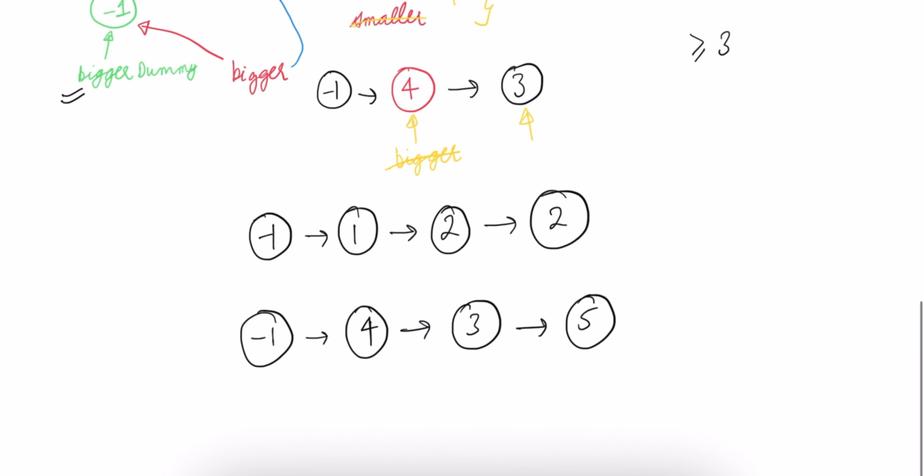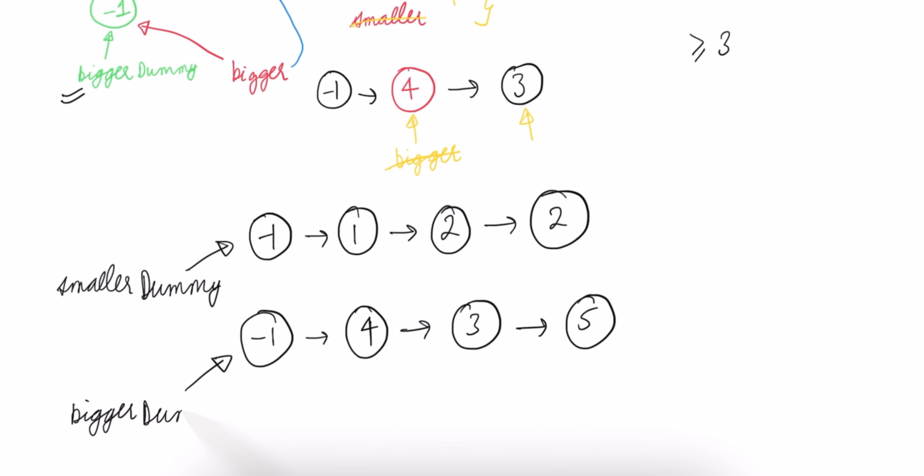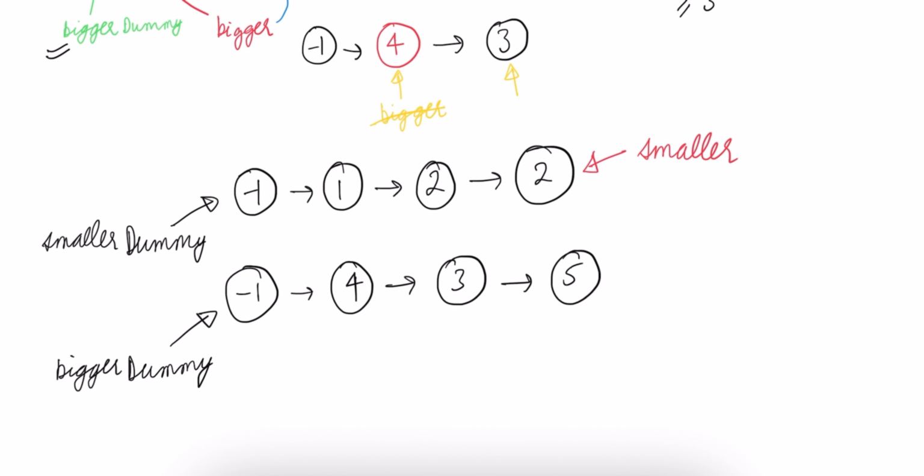So this one is smaller dummy, and my this node is bigger dummy, and at the end what we're going to have is my smaller variable. It's going to point here. What I can do next is I have to join these two lists.